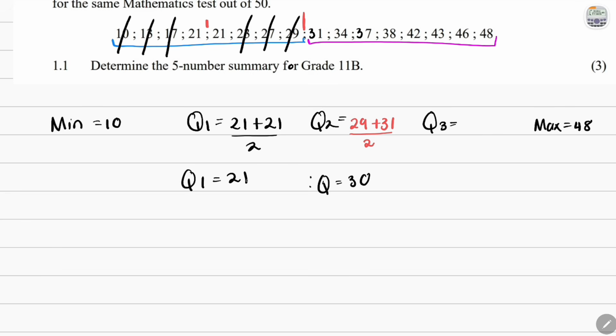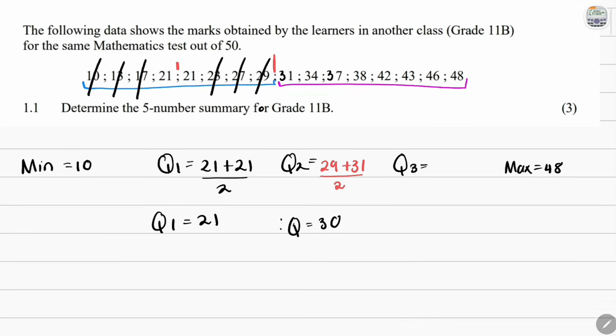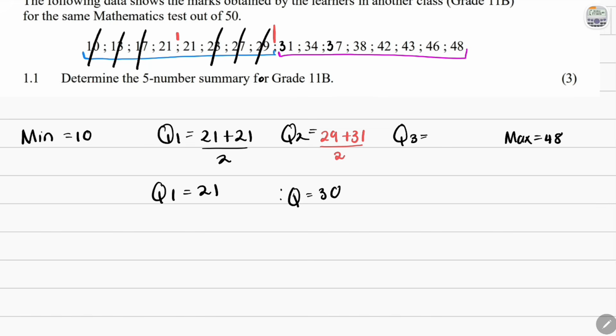So Q1 equals 21. And then to find Q3, you're also going to do the same thing. Q3 is the middle of the upper half of your data set. So cancel this one, 1 and 1, 2, 2, 3, 3, and then you can see these are in the middle. So that is simply 38 plus 42.